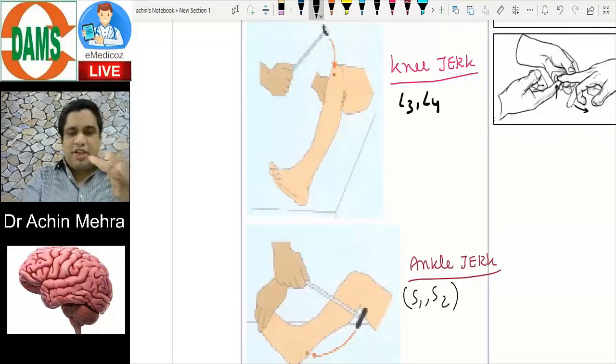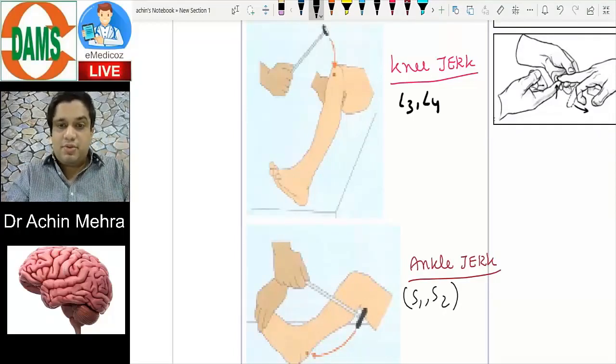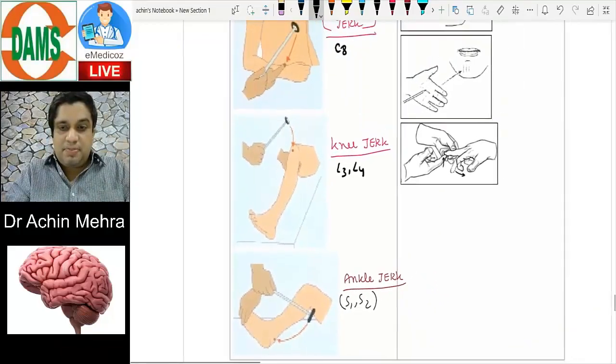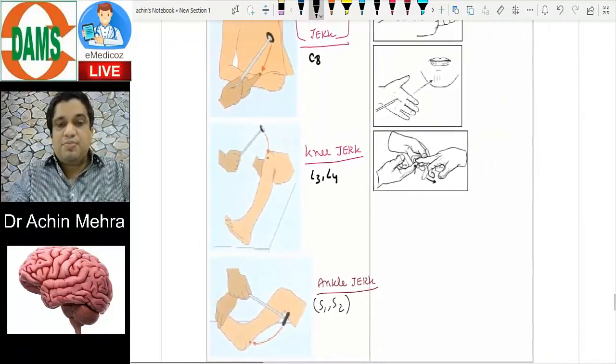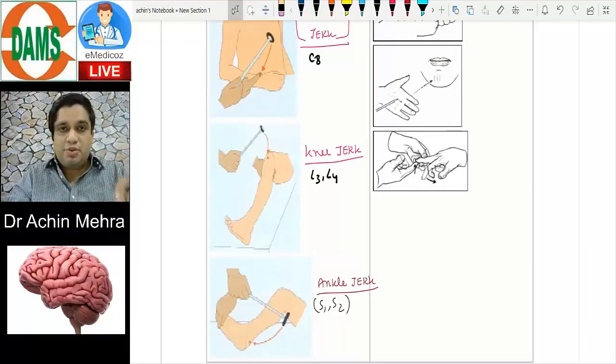So I've already given this mnemonic to most of the classes now, that the root value is very simple. If you remember this old nursery rhyme, 1, 2, buckle your shoes. When you buckle your shoes, you wear them on the ankle joint, yes, buckling it up. The ankle jerk: 1, 2, buckle your shoes, S1, S2.